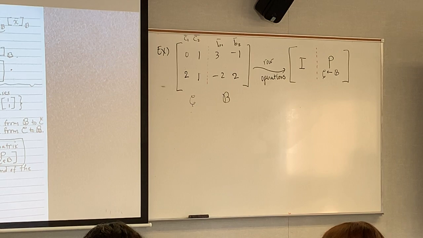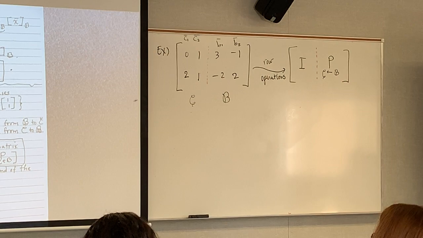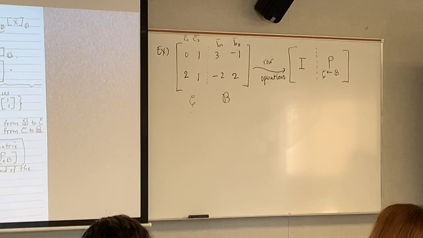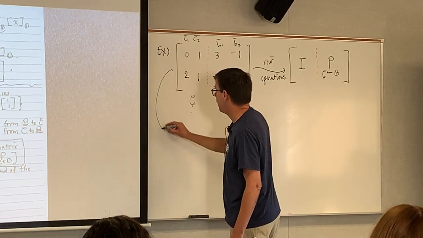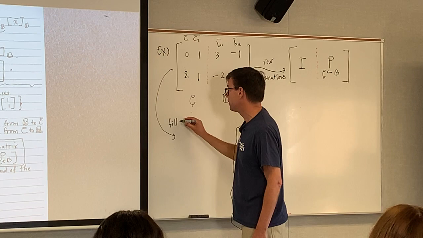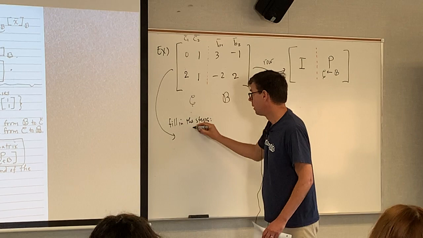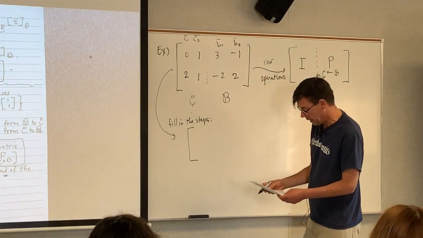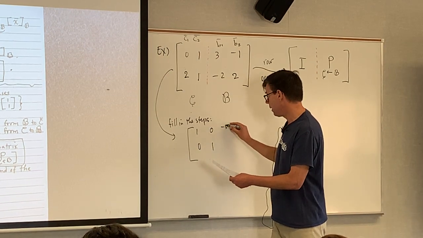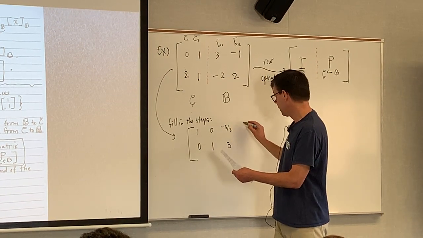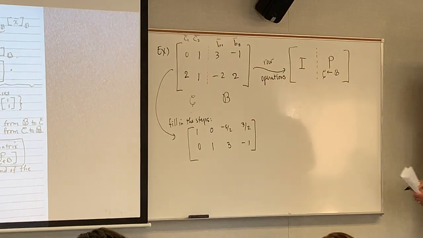Let's pull out our results here. You can fill in the steps. I got to 1, 0, 0, 1, negative 5 halves, 3, 3 halves, negative 1, just through row operations.